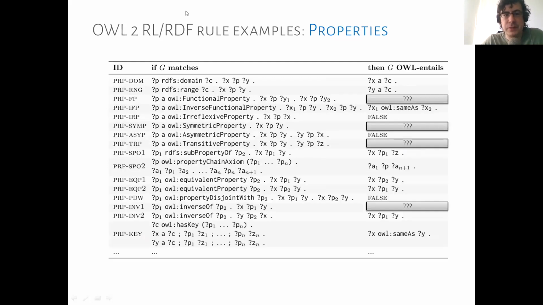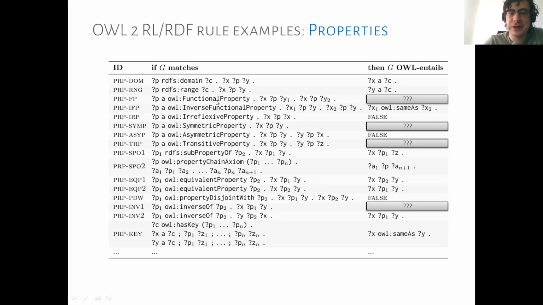We have a bunch of rules as well for properties, where we include the rules for RDFS. So we import some rules from RDFS for domain and range. For a functional property, if P is a functional property and we have X P Y1 and X P Y2, what could we conclude here? Any ideas?